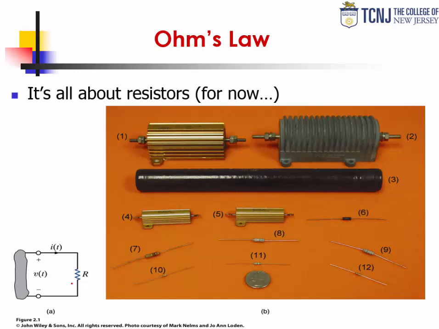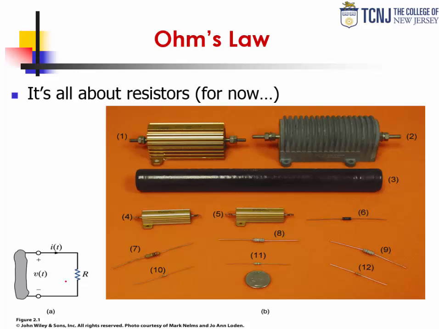So a resistor is going to combine the current that is flowing through it and the voltage that is applied to it. And we're going to see that power is defined as the product of the voltage across the resistor and the current that is flowing through it. And that power, that energy is going to be dissipated as heat.